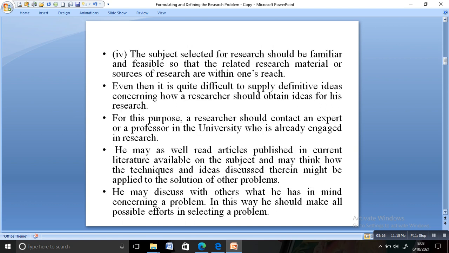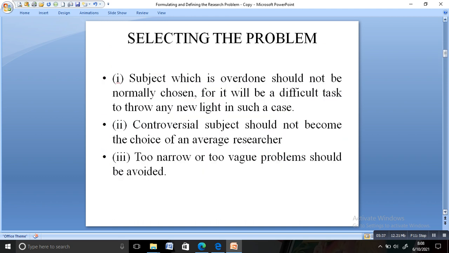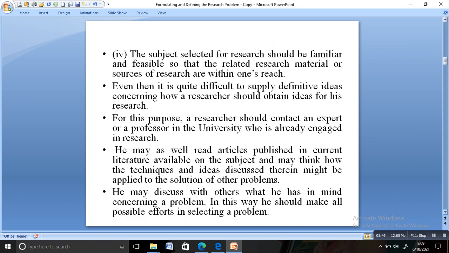The subject selected should be familiar and feasible, so that you can collect the research material easily. So what are the points? First, it should not be overdone, it should not be controversial, it should not be too narrow or too vague. Then it should be very familiar and feasible.